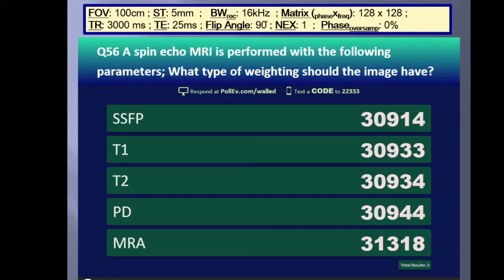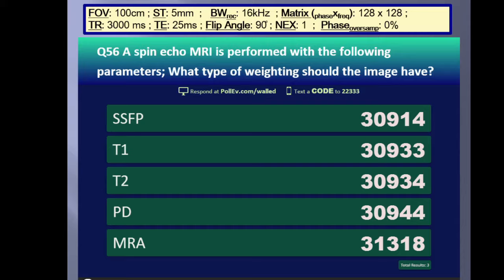Remember, the salient things are flip angle, which is always going to be 90 in our discussions of spin echo, fast spin echo, so you can ignore that. TR and TE, right? So in spin echo, we're looking at the TR and the TE. TR is 3,000 milliseconds, 3 seconds. Does that sound like a long time in the MR world or a short time? It's kind of a long time. And TE, 25 milliseconds, that's kind of a short time.